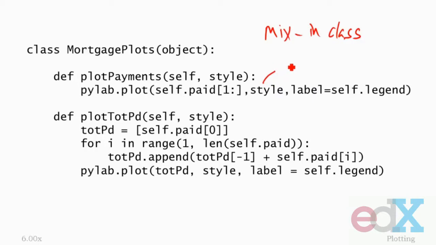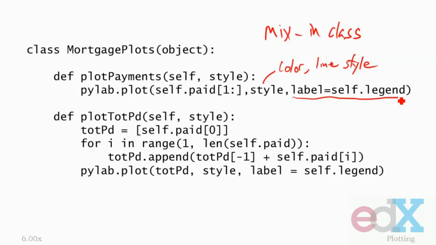Remember, we looked at that last time. That includes things like color and line type, or line style, and a label. We have not looked at that before, which will be in the key. We've made both the style and the label formal parameters to the function plot payments. We'll later see how those are used.